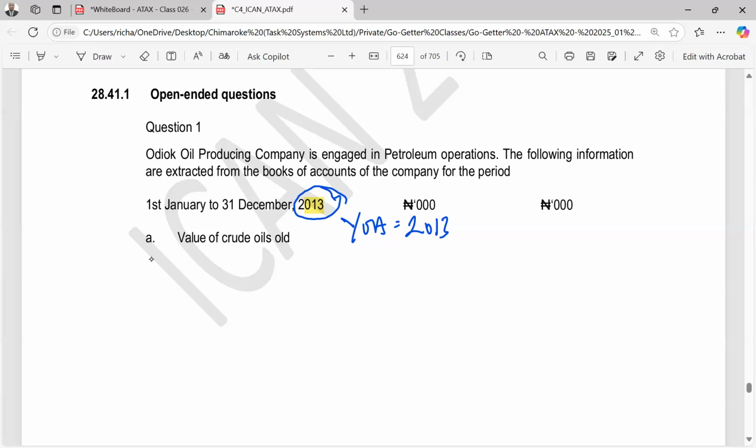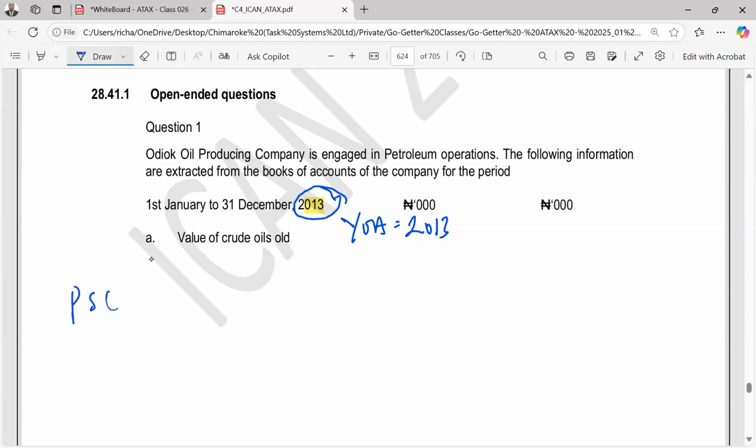A non-PSC could be a single operator. It could also be a joint venture. So the thing we should watch out for is if it is a PSC, production sharing contracts.